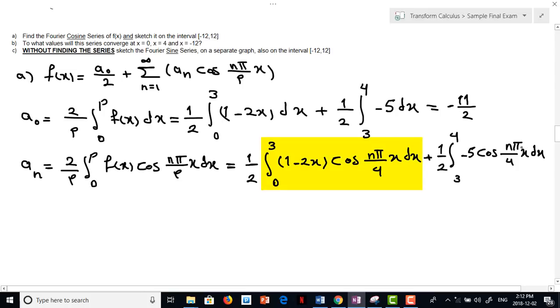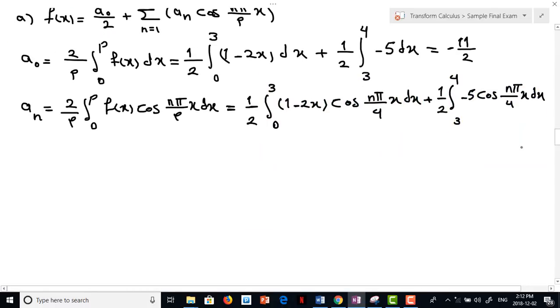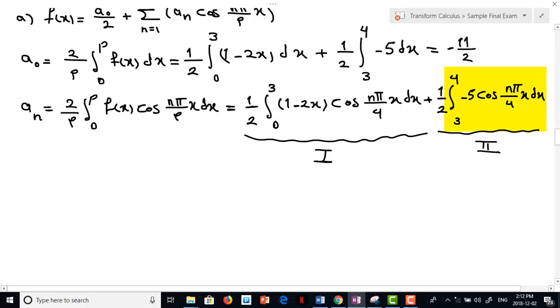For the first integral, you have to use integration by parts. The second one is very easy to find. Let's call this integral number 1, and this integral number 2.